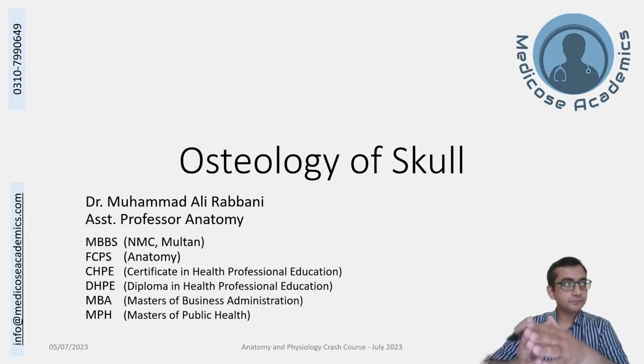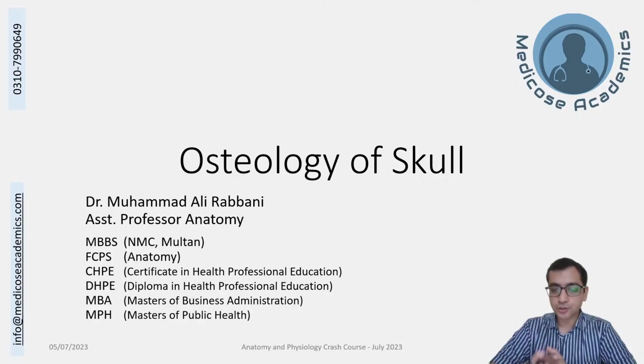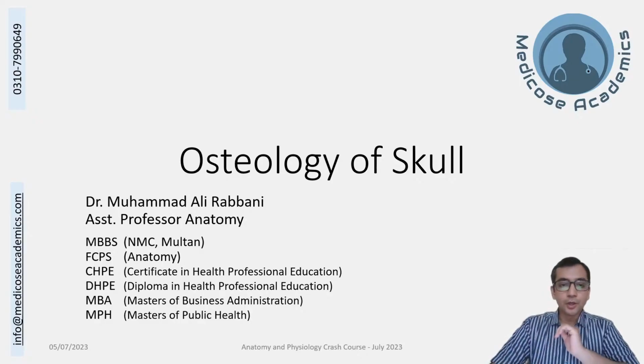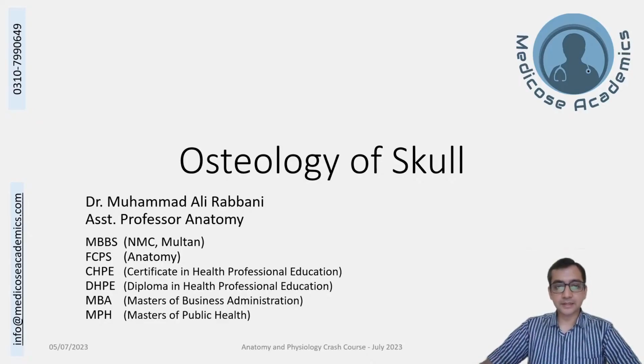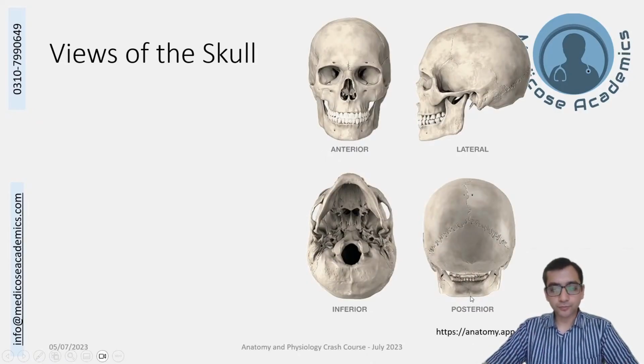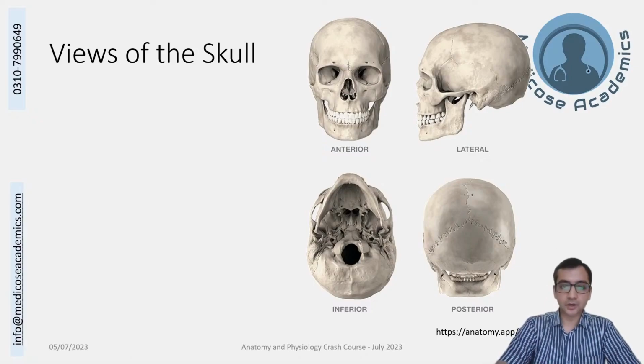About the topic of today, we are going to start the osteology of the skull. This is our topic for today. We will see the skull in different views, also known as normas.